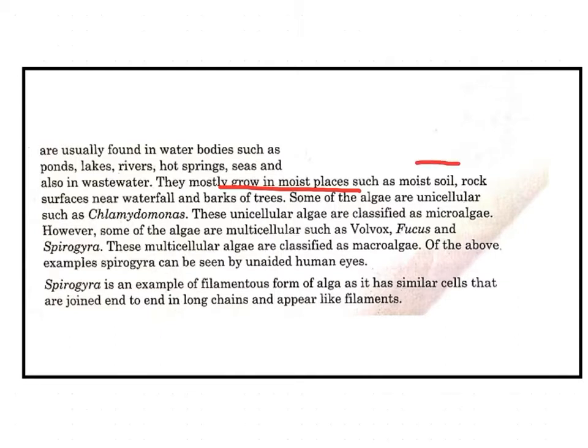It can be moist soil, the surfaces of rocks near a waterfall, the barks of trees, near rivers, lakes, ponds, hot springs. So wherever moisture is present, you will find algae growing.